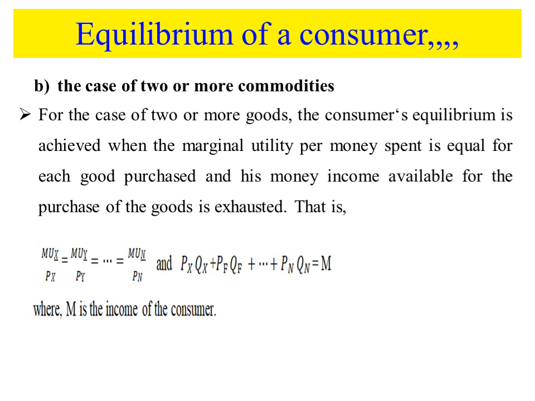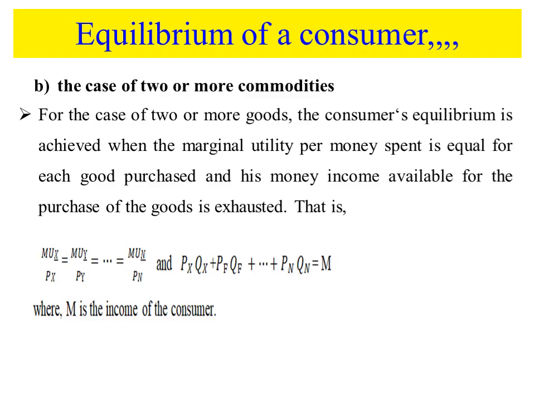For the case of two or more goods, the consumer's equilibrium is achieved when the marginal utility per money spent is equal for each good purchased, and his money income available for purchase of goods is exhausted. That is, marginal utility of X over price of X. You can take X as whatever product you want.